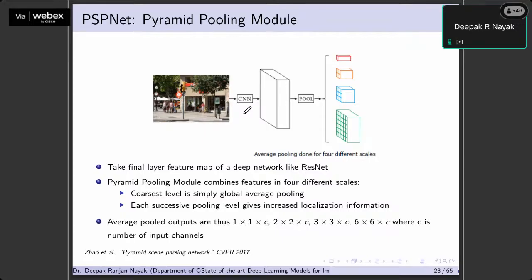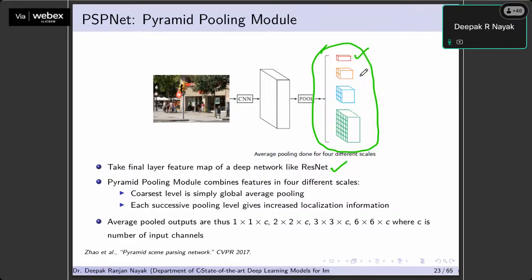So how did they perform this pyramid pooling? What is pyramid pooling here? Initially, they passed their input images through a pre-trained CNN architecture like ResNet, got the outputs, and then performed the pyramid pooling. You can see over here there are 4 different types of outputs, that means they applied pooling 4 times.